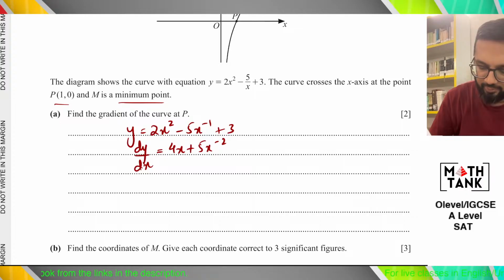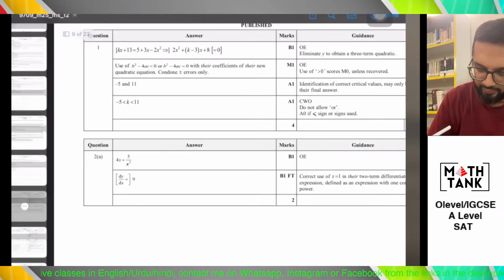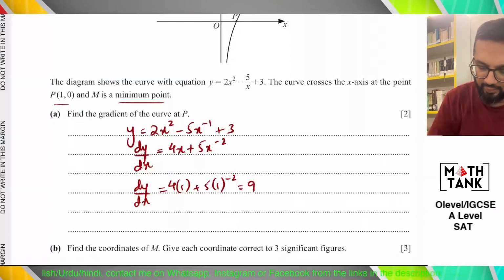Then the gradient of the curve is basically 9. Let's check if that is the correct answer. The correct answer.